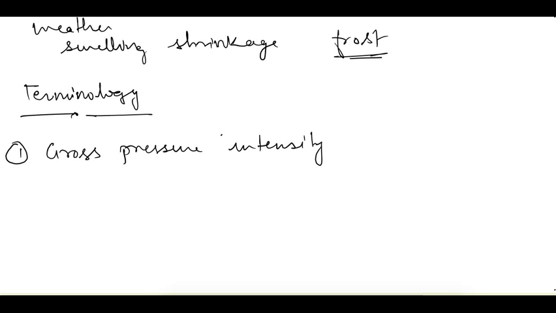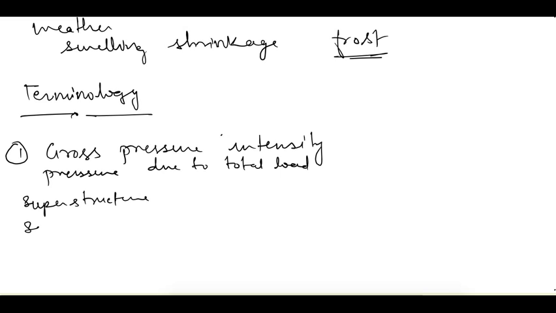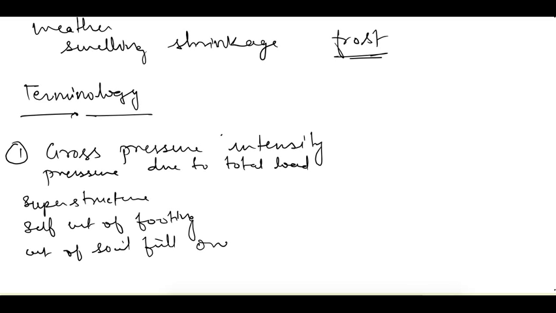Gross pressure intensity means the pressure due to total load, and this total load would include the weight of superstructure, self weight of footing, and the weight of soil fill over the footing.